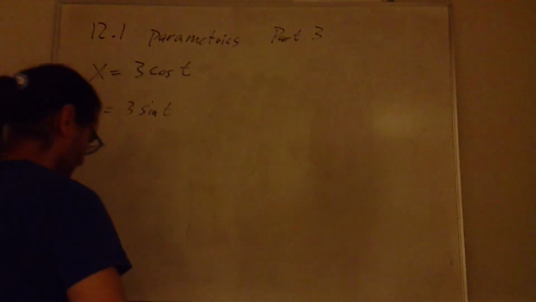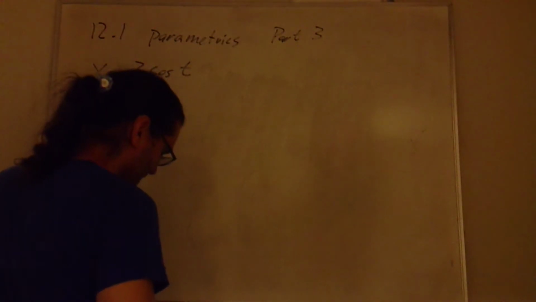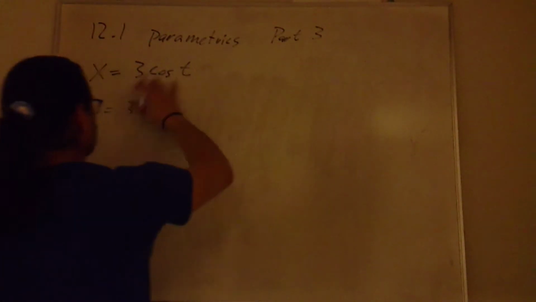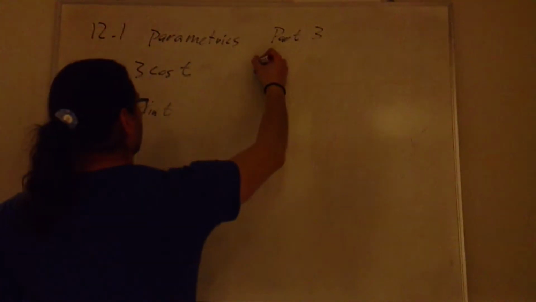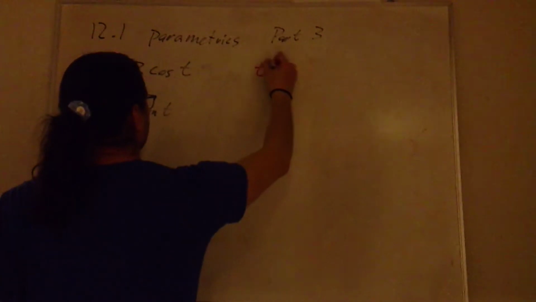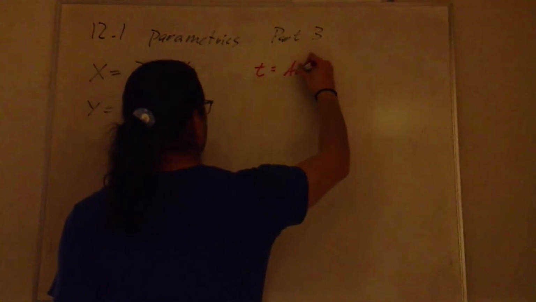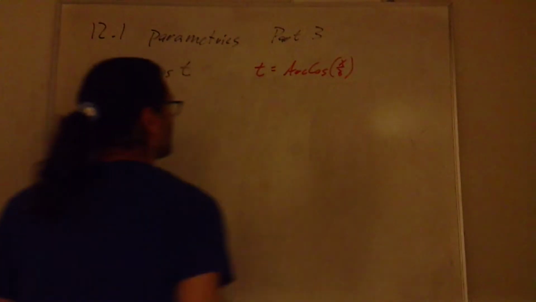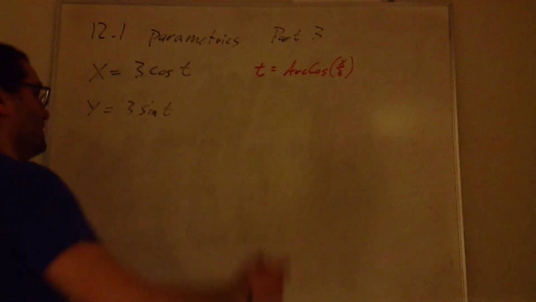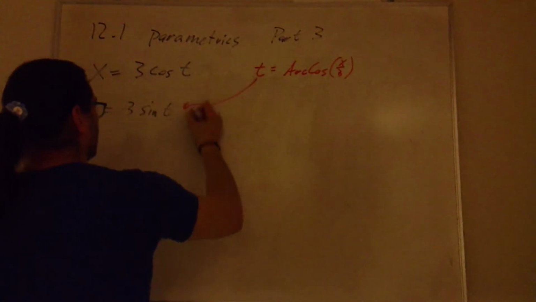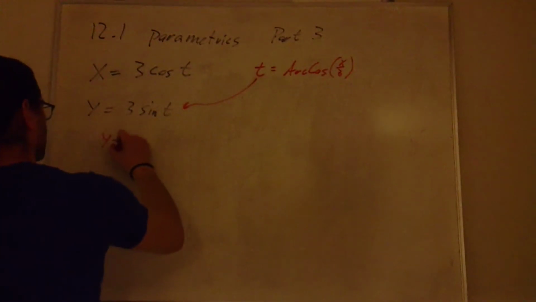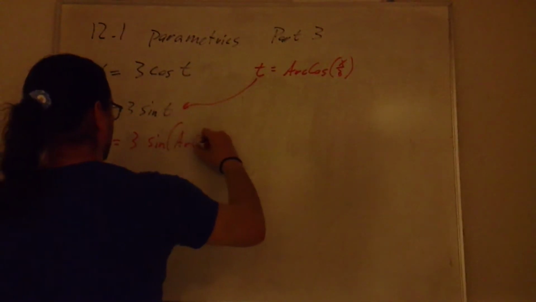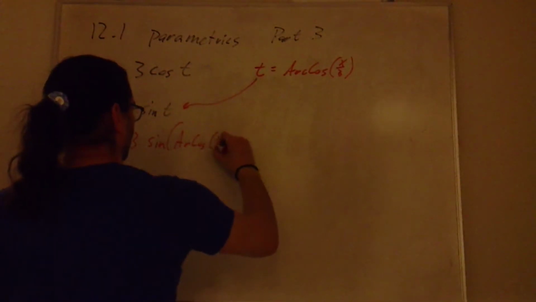We can certainly make the effort, and that'll look like, just picking this one arbitrarily, t equals the arc cosine of x over 3, and then we can plug that into here, and we'll get y equals 3 times the sine of the arc cosine of x over 3.